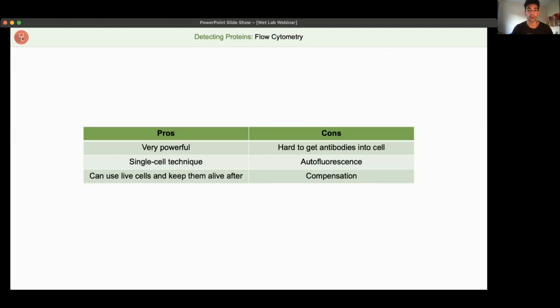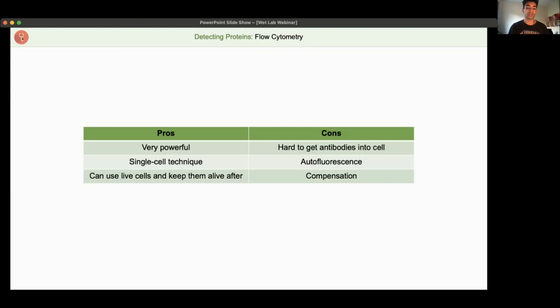But you can also do something called compensation. Flow cytometry can also be multiplexed heavily. You can look at like 50, hundreds of different antigens if you want to, but because it measures fluorescence, the fluorescence spectra for different antibodies or different markers can overlap. So the system needs to be able to separate them and say that this signal is coming from this antibody, not because another antibody is leaking into the signal range.